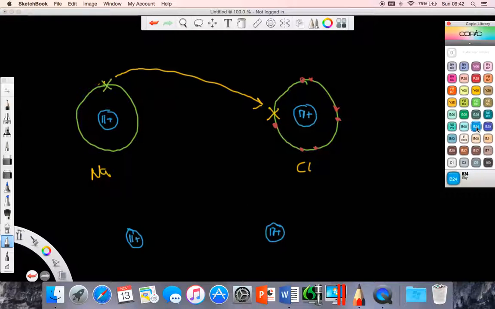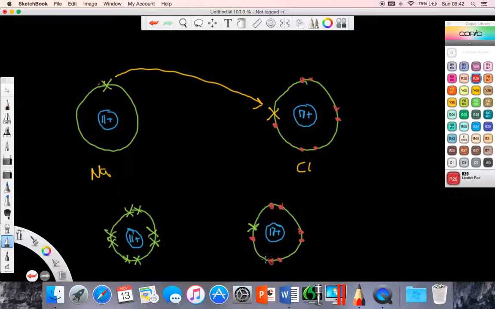However, they now have full outer shells. So sodium, for example, would have 8 in its outer shell because its outermost shell has lost an electron, so you go to the next one. So this one would have 8. Chlorine, on the other hand, would also have 8 because it's gained 1 from sodium, like so. And if we carry on, this shows that this electron has come from sodium, like so.